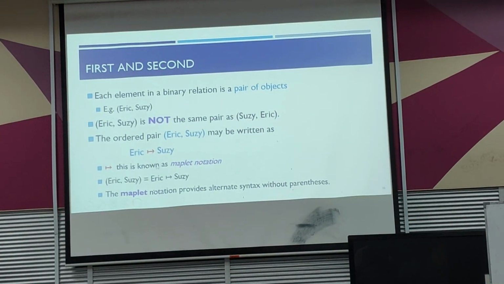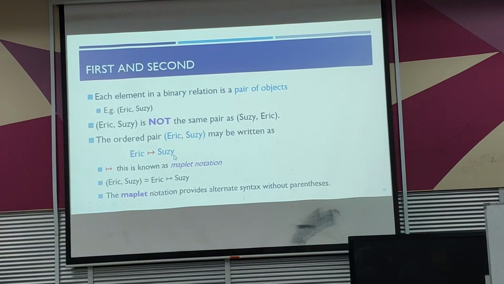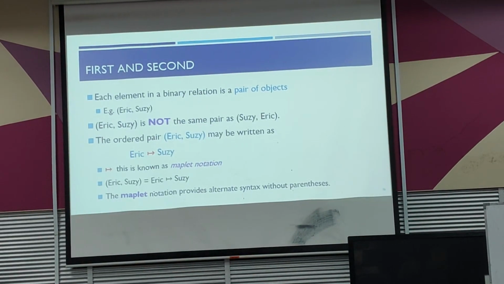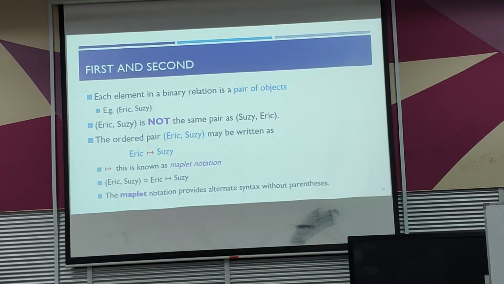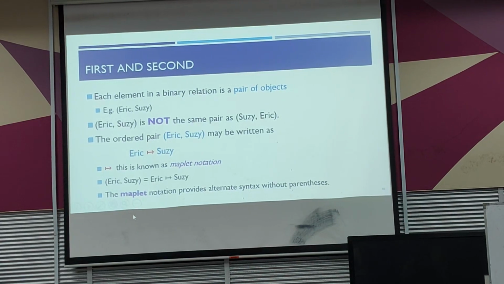When you have maplet notation here, if you change the places, Susie to Eric, it is two different data already. Make sure that you know the difference, because first is for all first coordinates and second is for the second coordinate. If you exchange, it will be different data already, different people or different data and so on.